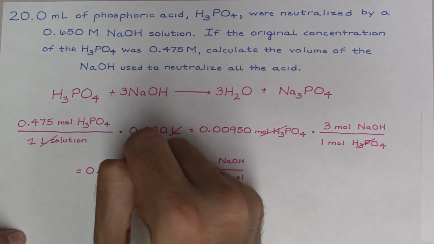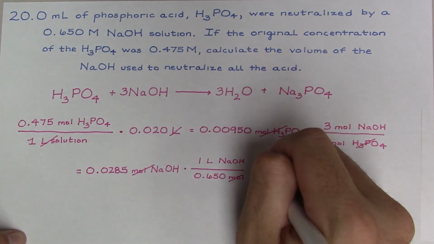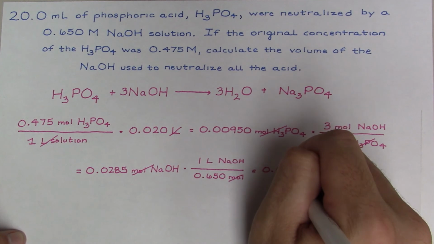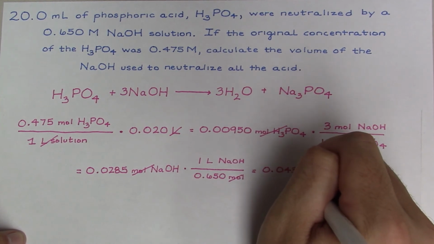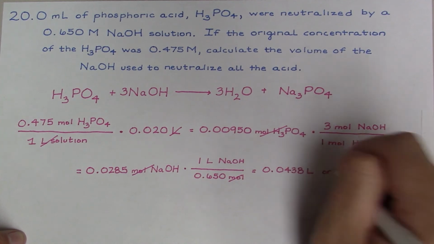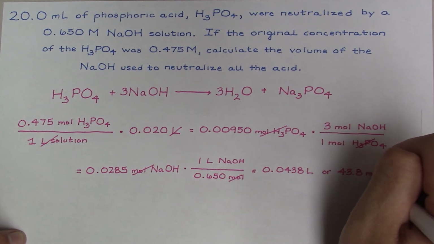Our moles and moles will cancel, and we'll be left with a volume in liters. That answer is 0.0438 liters of our base. But if we multiply it by 1,000, we can get a much easier volume of 43.8 milliliters.